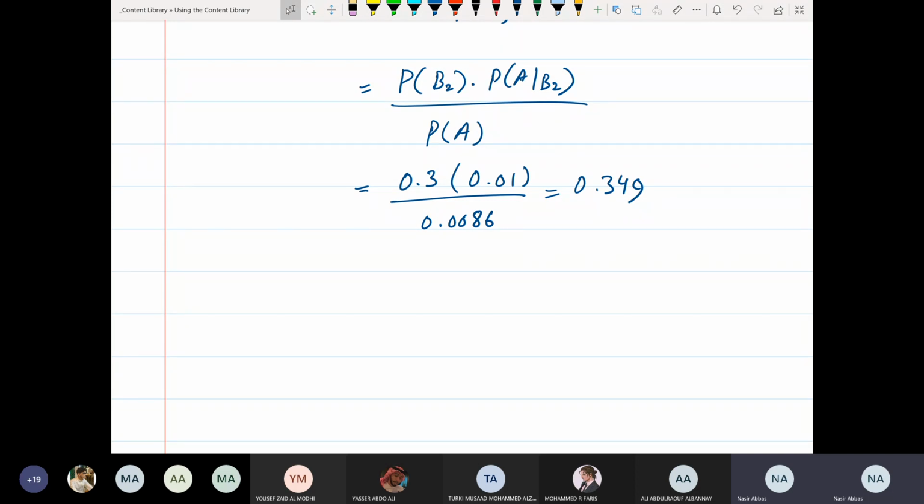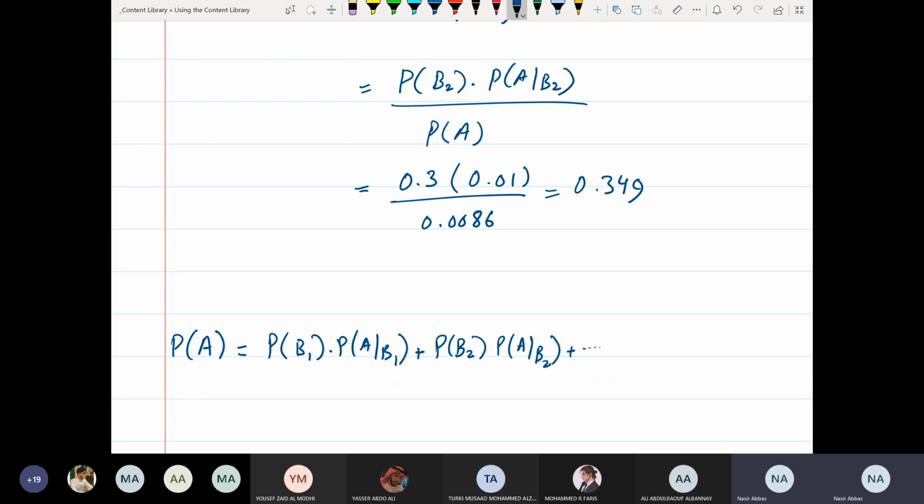So now I'm going to write the general format of theorem of total probability and Bayes theorem. The theorem of total probability can be written as probability of A is equal to probability of B1 into probability of A given B1, plus probability of B2 into probability of A given B2, plus so on. It doesn't matter how many partitions of space you have. Probability of BK into probability of A given BK.